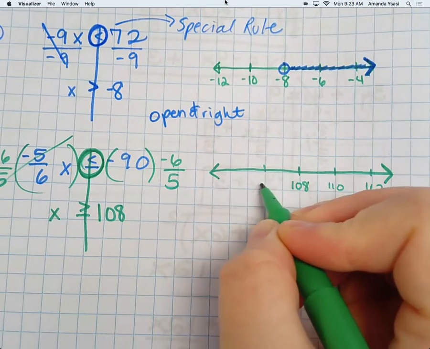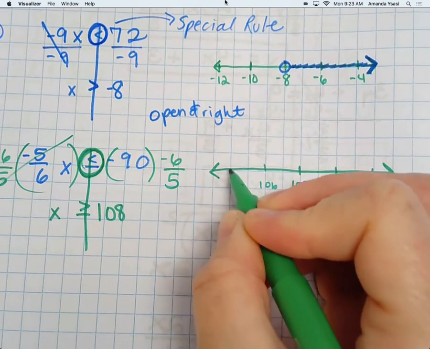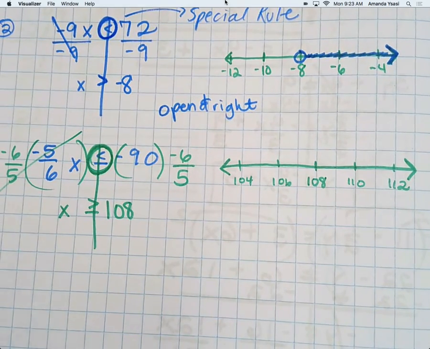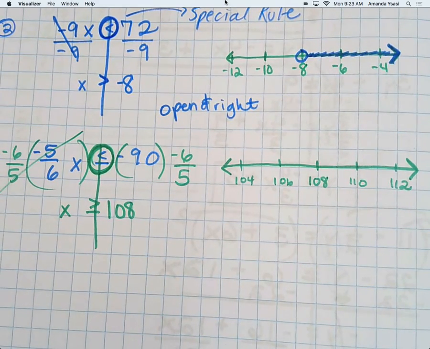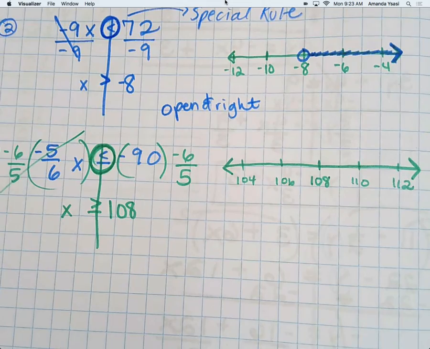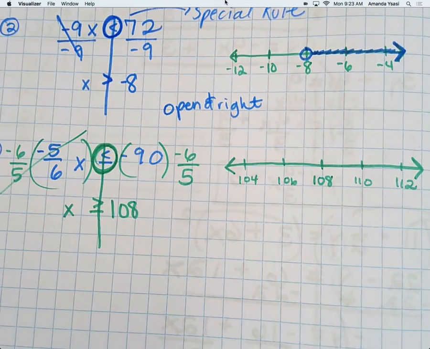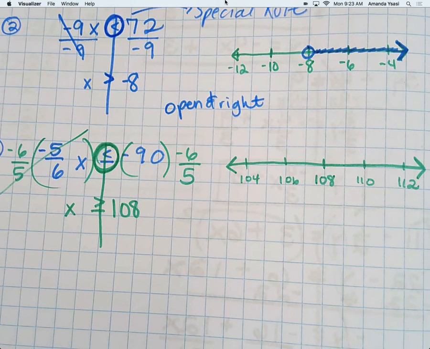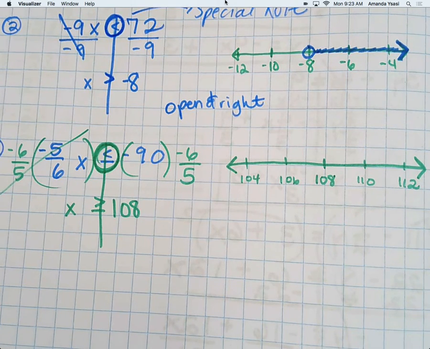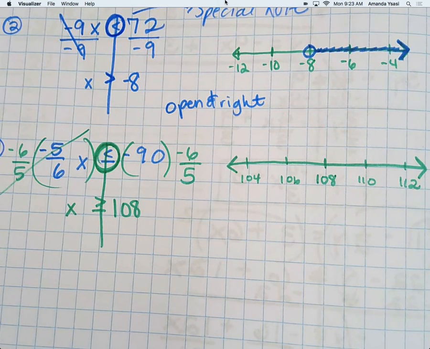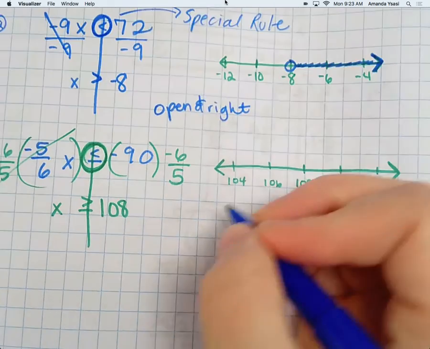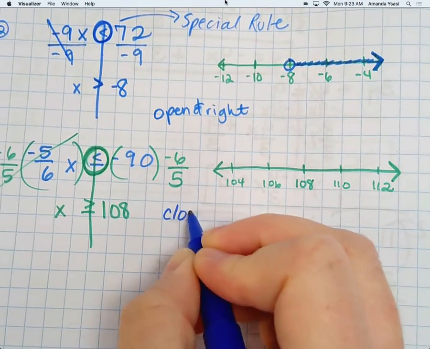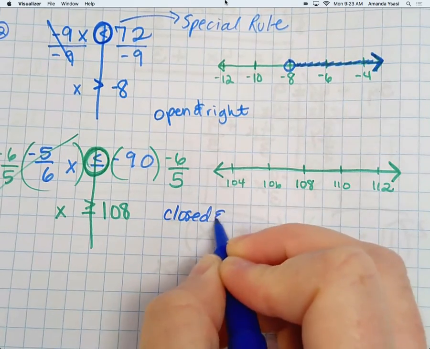And then going down, 106, 104. Greater than or equal to is going to be, how are we going to shade it? Right. And right, yeah.